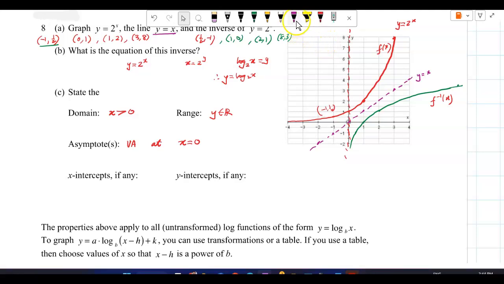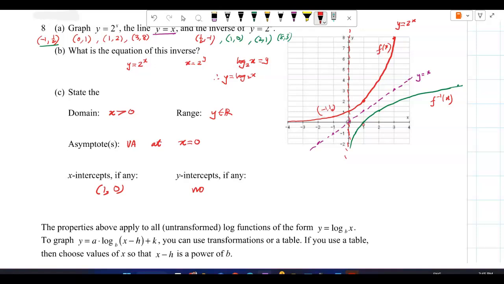x intercept. x intercept is 1, 0. Those are the coordinates. Y intercept? There's no y-intercept for the inverse, but for the original there is. We are doing the inverse function.